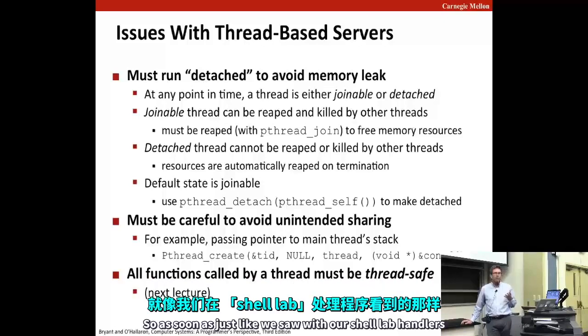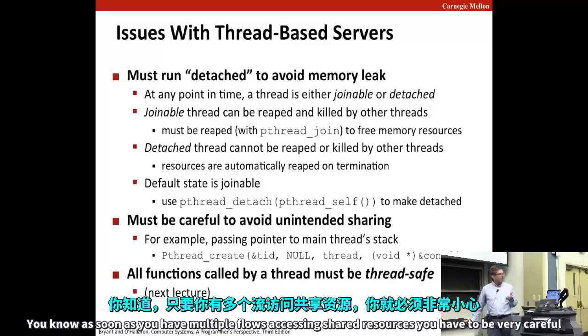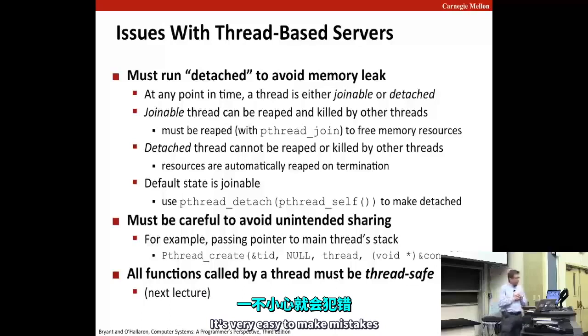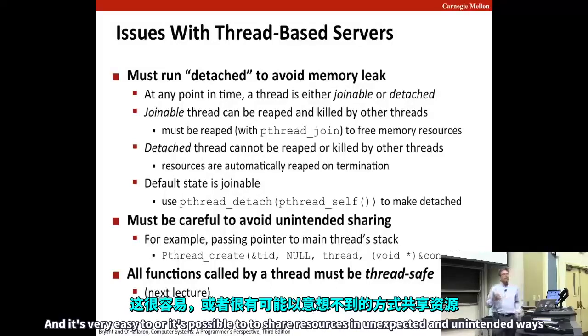Just like we saw with our Shell Lab handlers, as soon as you have multiple flows accessing shared resources, you have to be very careful. It's very easy to make mistakes, and it's possible to share resources in unexpected and unintended ways.